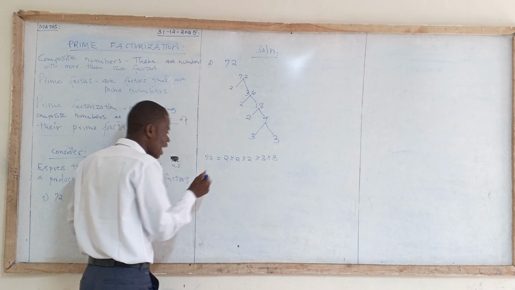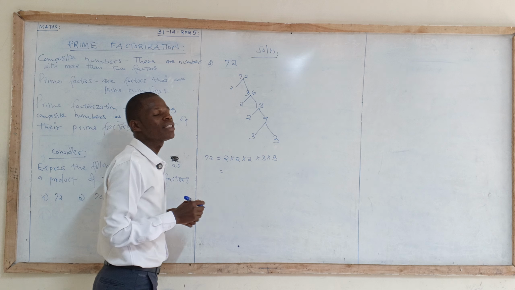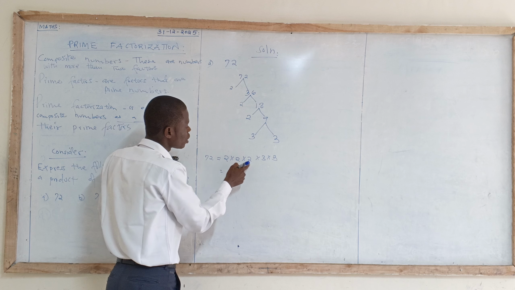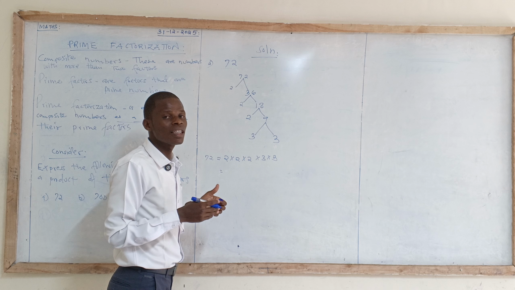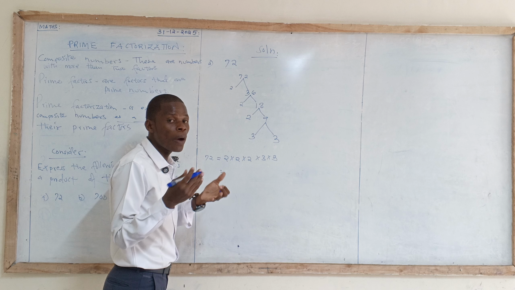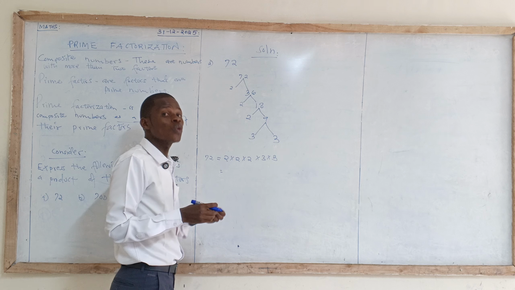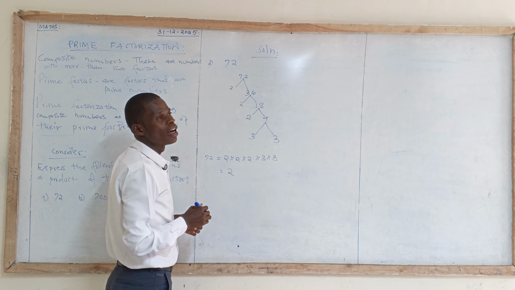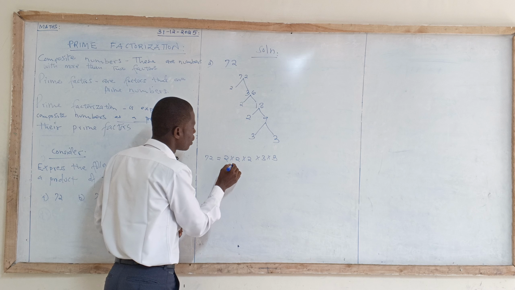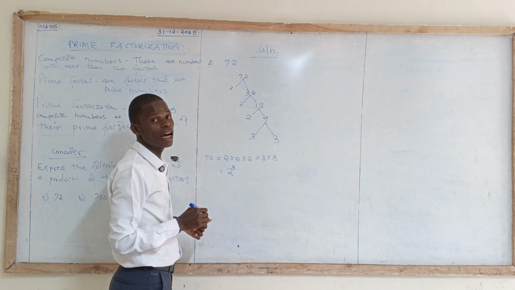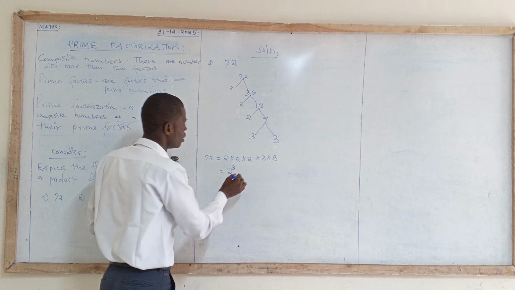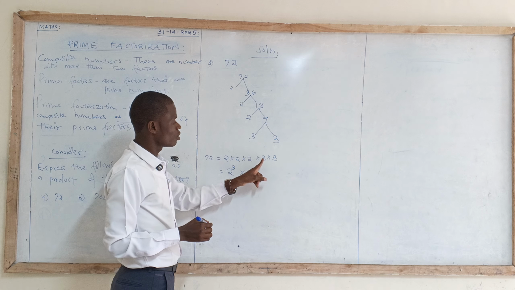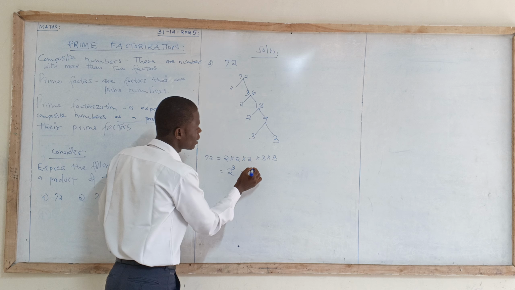Sometimes we are tired of repeating ourselves. 2 we are writing 3 times. There is another way of writing that. Instead of writing 2 three times, we write 2 and then the number of times it appears on top, 3. Then 3 appears 2 times, so we write that 2 on top.